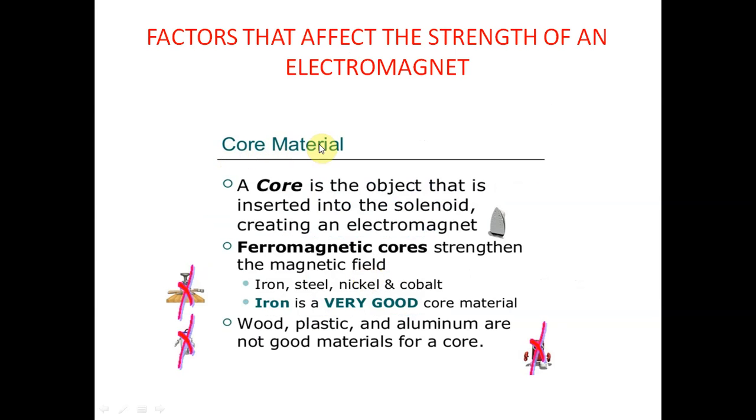सो व्हाट इज ए कोर मटेरियल? कोर मटेरियल इज the object that is inserted into the solenoid creating an electromagnet. And what are ferromagnetic cores? They strengthen the magnetic field. जो ferromagnetic material है वो magnetic field को strengthen करता है in electromagnet.